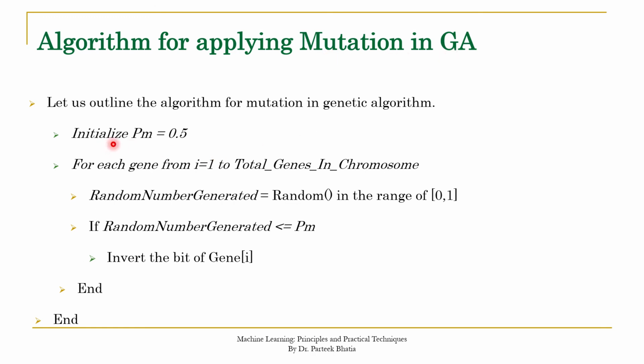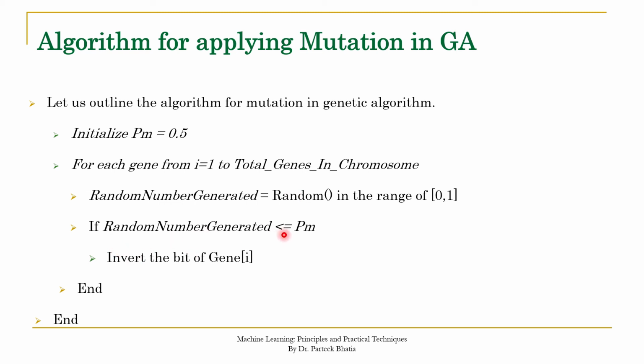Let's suppose we initialize the probability of mutation at 0.5. It means that there are 50% chances that a gene will be mutated. For each gene we are using a variable i, which will move from 1 to the total number of genes in the chromosome. For each gene we are generating a random number, which is stored in random number generated. The random number is generated in the range of 0 to 1.